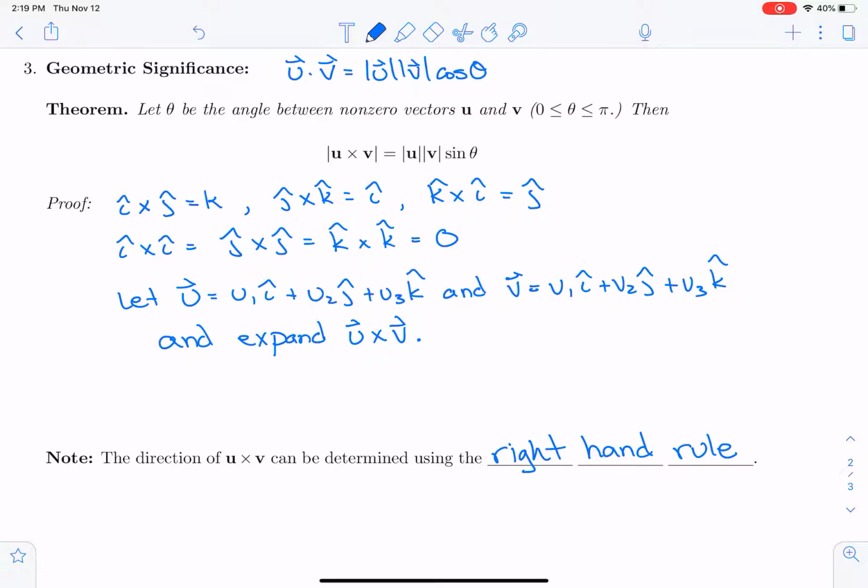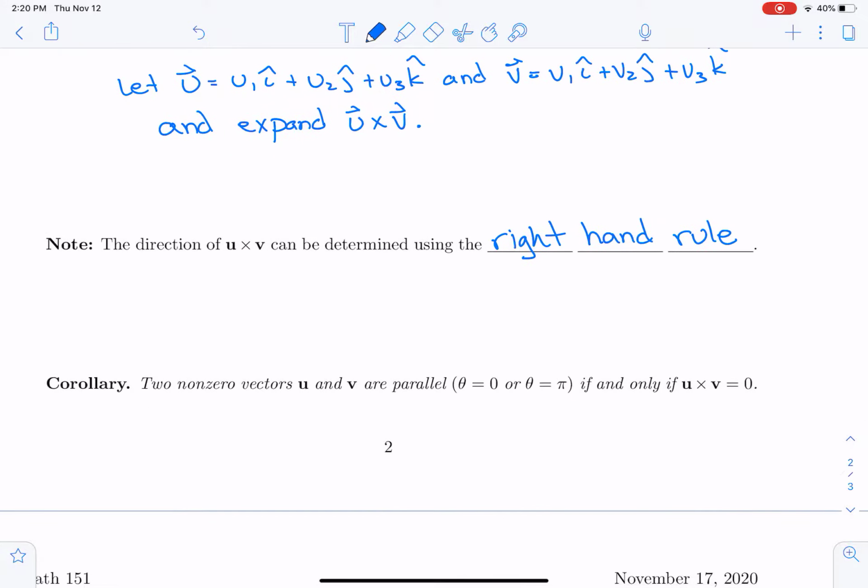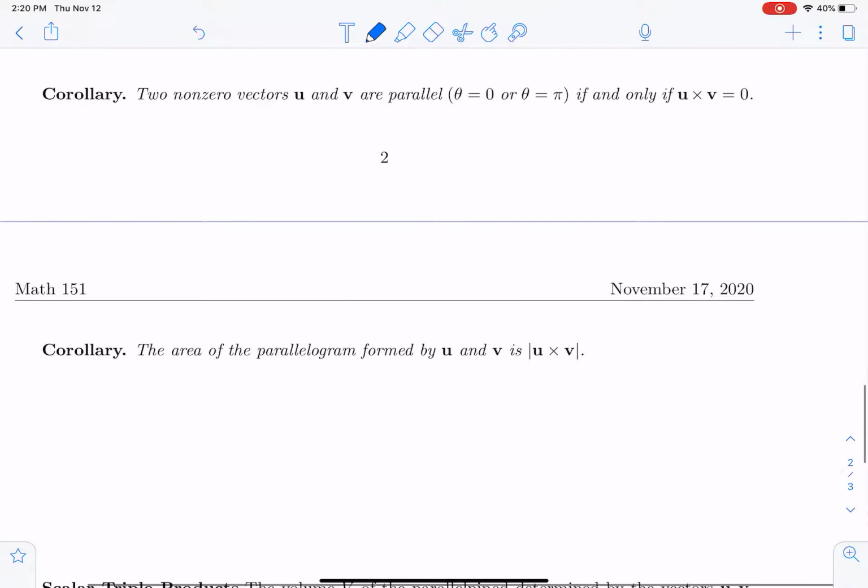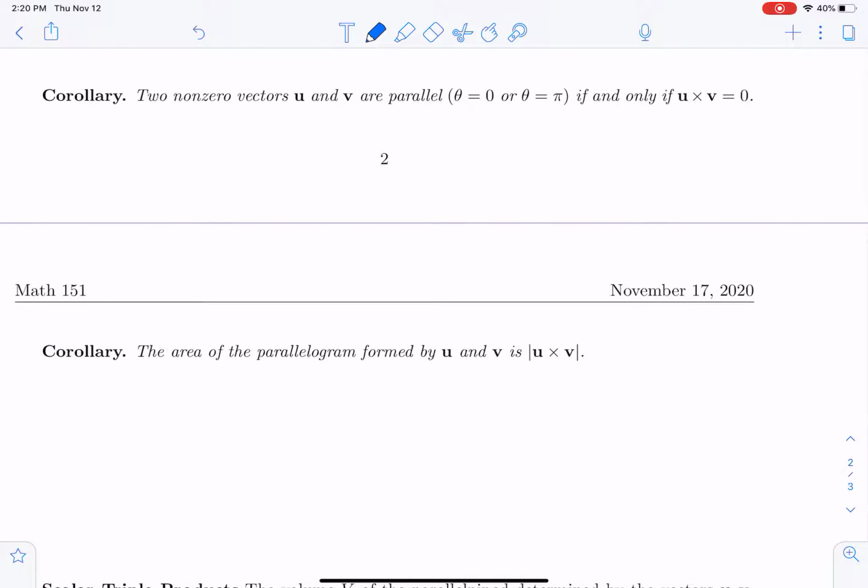Okay, now that we have this property of cross products in terms of the magnitudes of u and v and sine theta, we can talk about some corollaries. The first one is that two non-zero vectors u and v are parallel, that means theta is 0 or theta is pi, if and only if u cross v is 0.